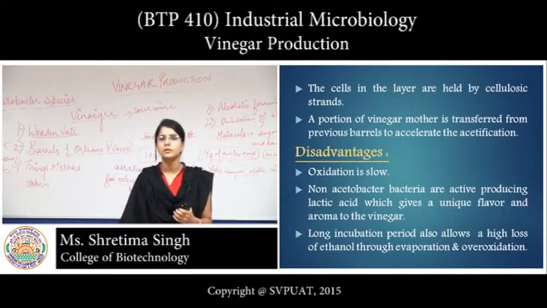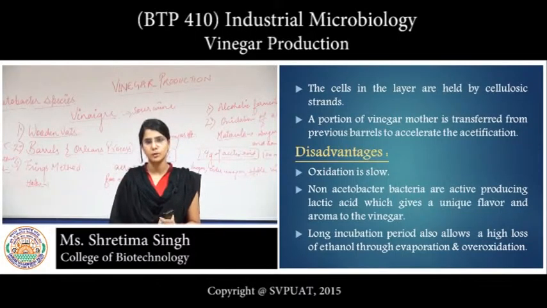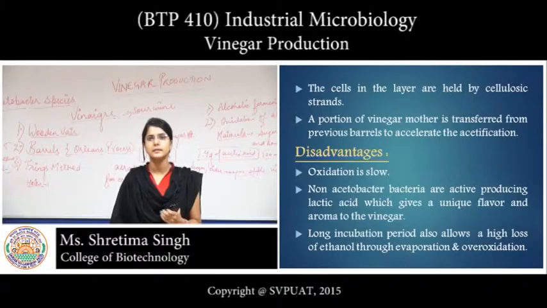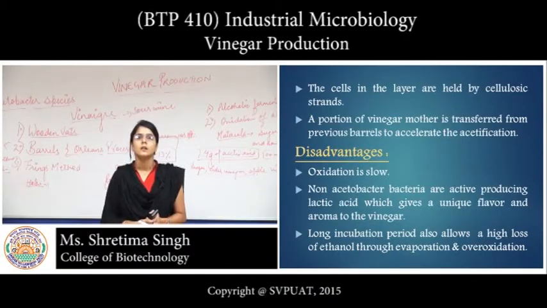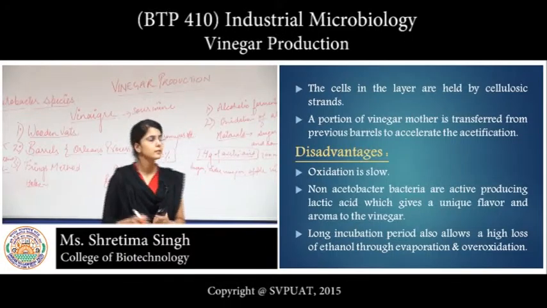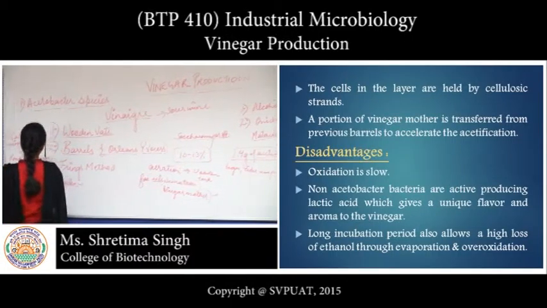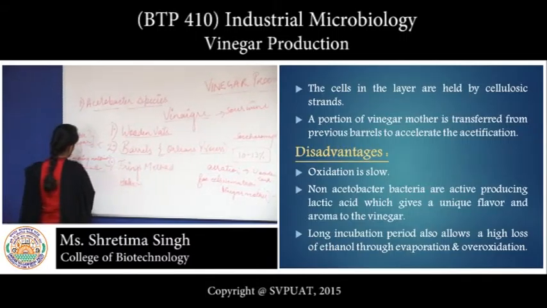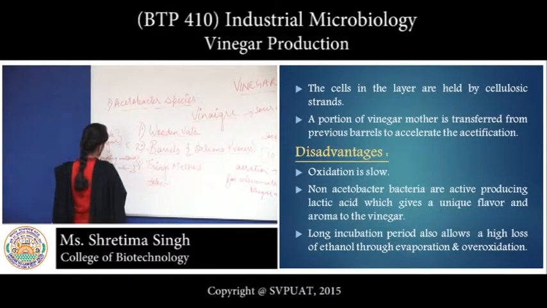Now, the disadvantage of this process was firstly that it was slow, as with the wooden vats, and the second disadvantage was the evaporation of ethanol, that is, the ethanol that was being produced used to get evaporated.